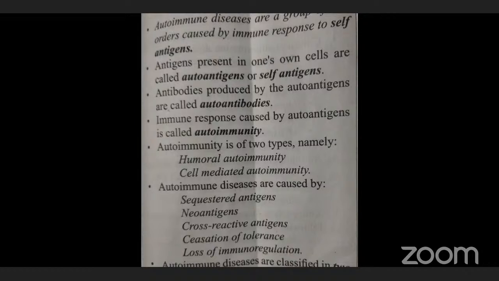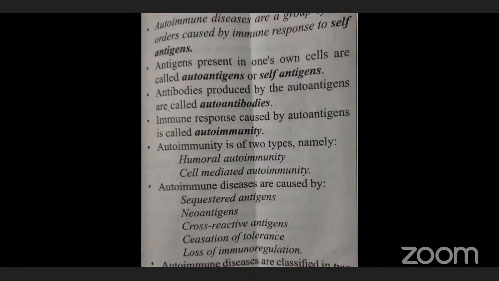Clear? Due to any one of these, antigens may be altered. The altered antigens are no longer considered by the immune system as self-antigens. Hence, the altered antigens provoke an autoimmune response.